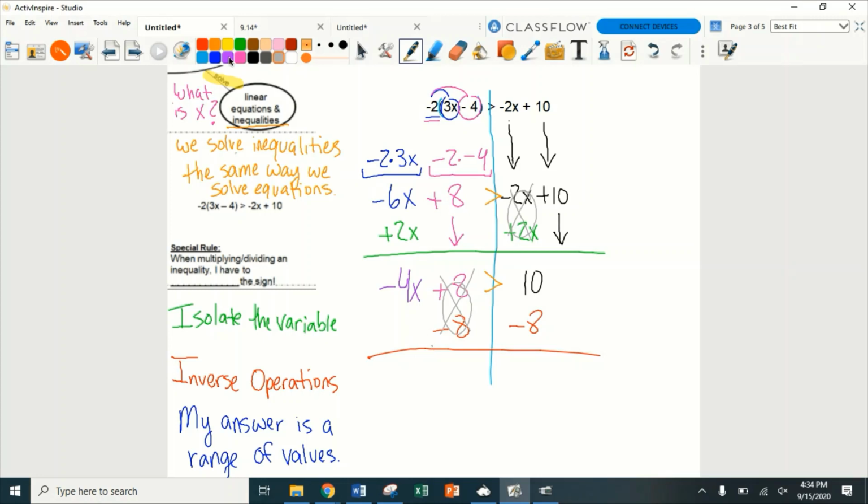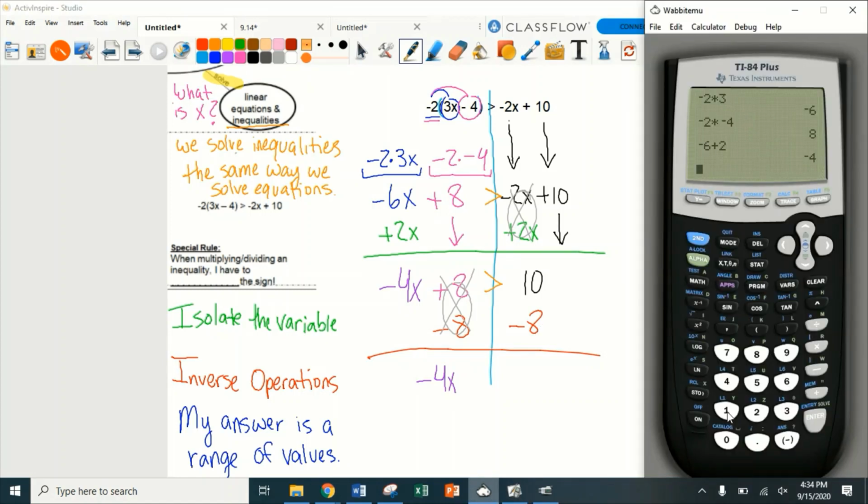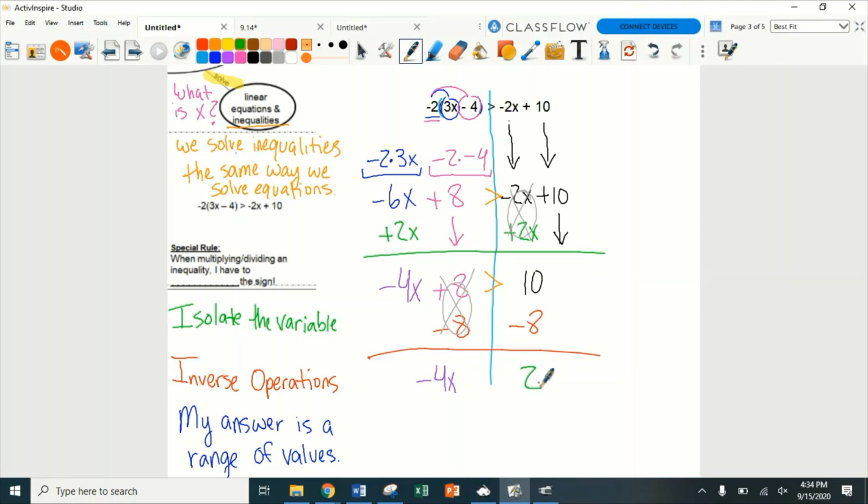And I'm left with negative 4x on the left. On the right, I have 10 minus 8, which gives me 2. And I still have my inequality symbol between them. So now I have negative 4x is greater than 2.